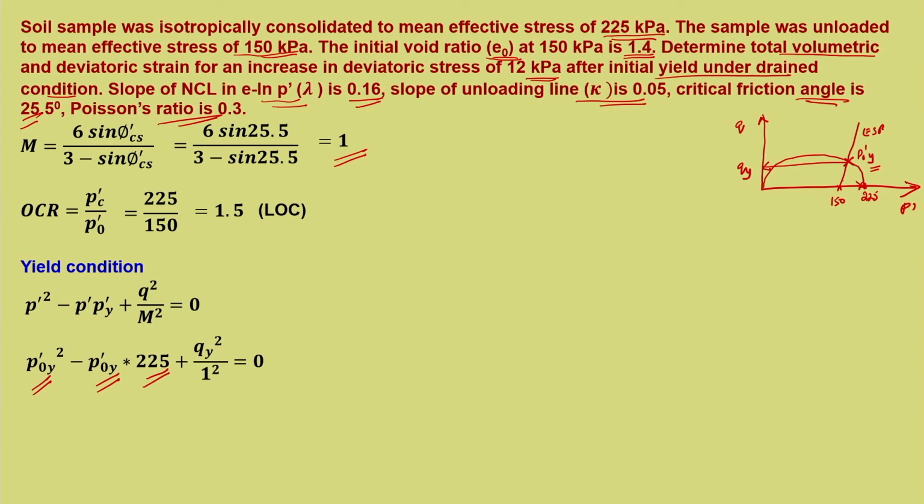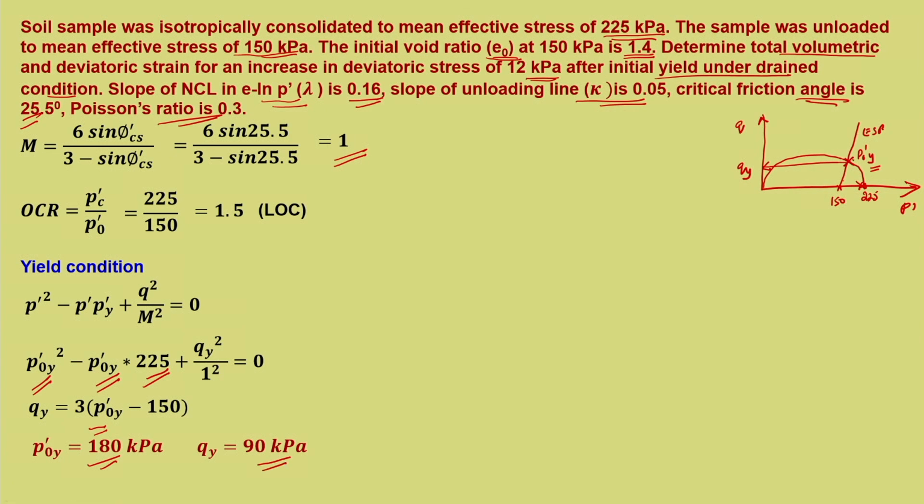So, P dash Y equal to 225 plus QY square upon 1 square which is equal to 0, and QY is equal to 3 into P naught dash Y minus 150. So, it is the same as the last problem. So, solving this we can get P naught dash Y equal to 180 kilopascal and QY equal to 90 kilopascal.